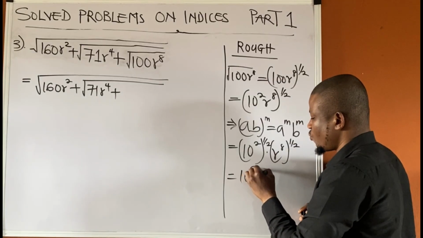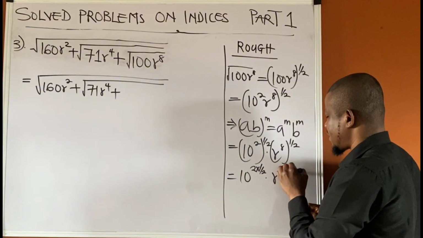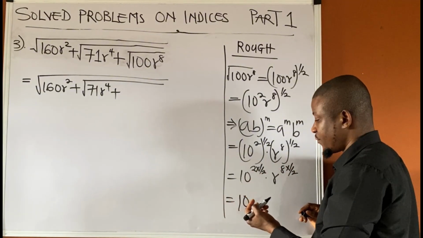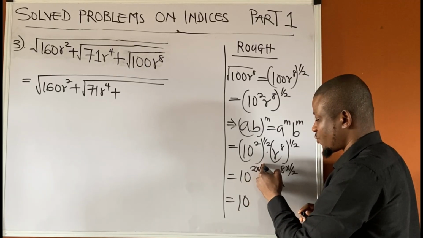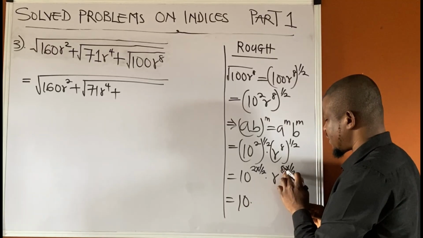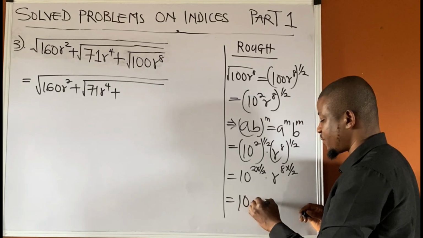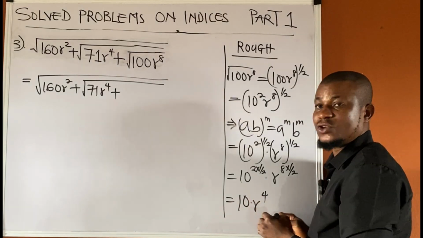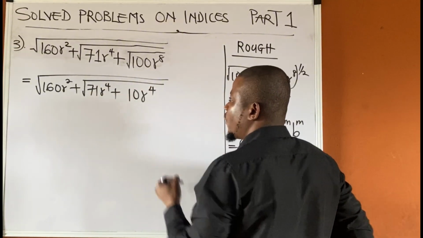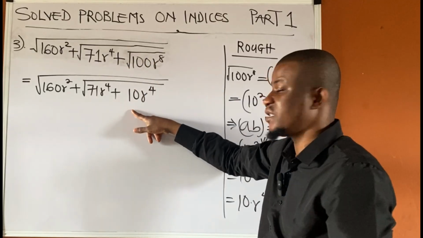So this is 2 times half, 8 times half. 2 times half is 1, because 2 times 1 is 2, divided by 2 is 1. So this is 10 to power 1, which is 10. And 8 times half, 8 divided by 2 is 4, so this is r to power 4. So we can rewrite it here as 10r to power 4. Okay, so we've simplified this expression to be this.